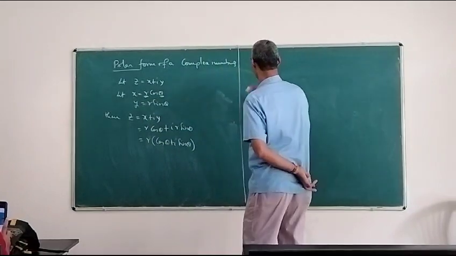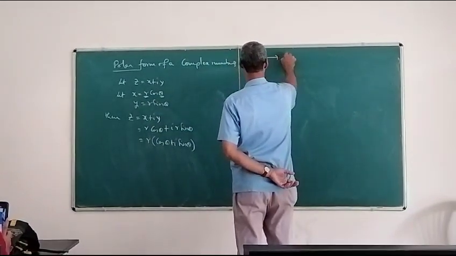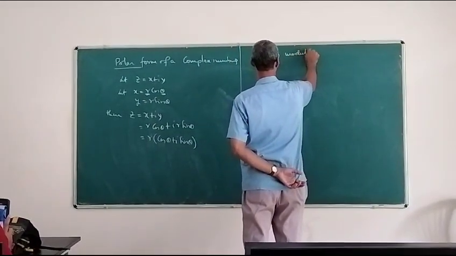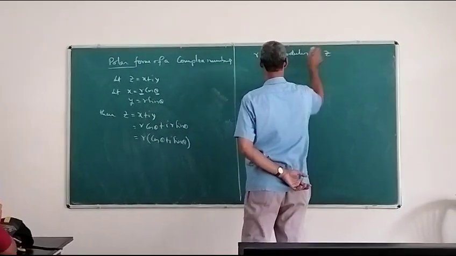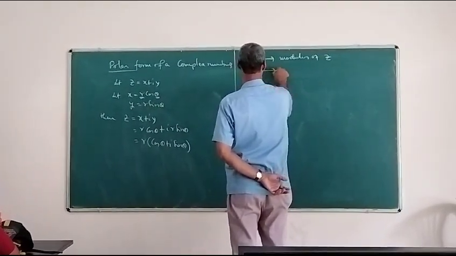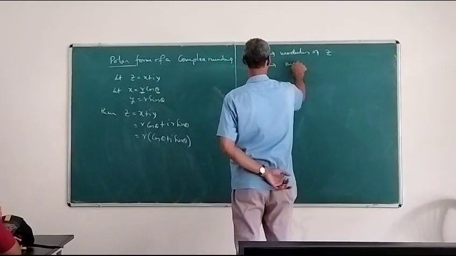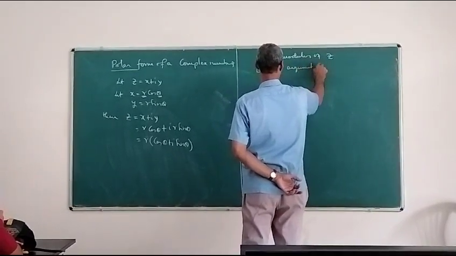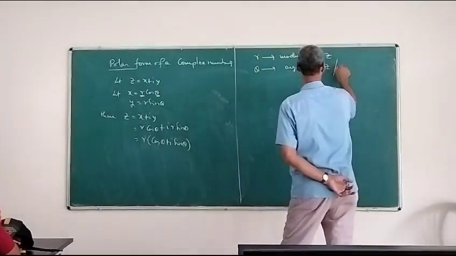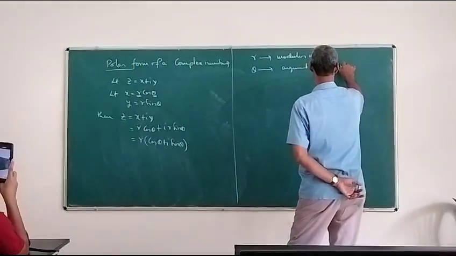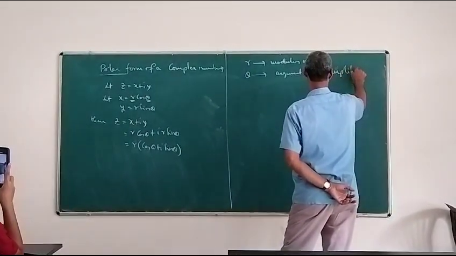So r is called the modulus of z, and theta is called the argument of z, or sometimes we call it the amplitude of z.